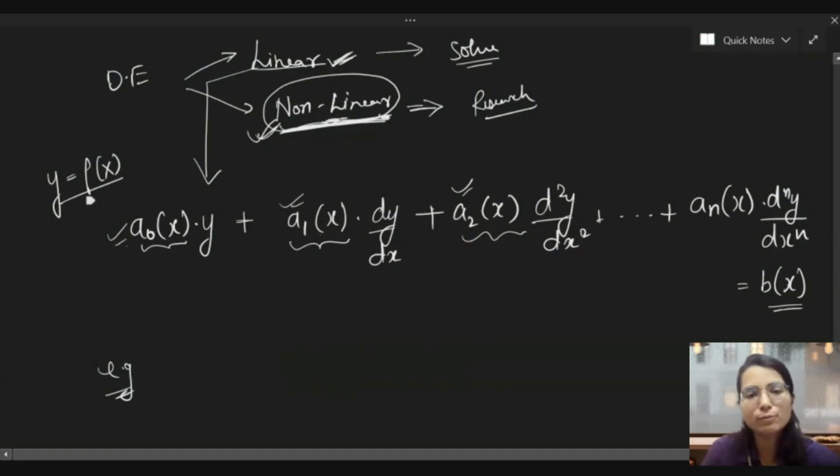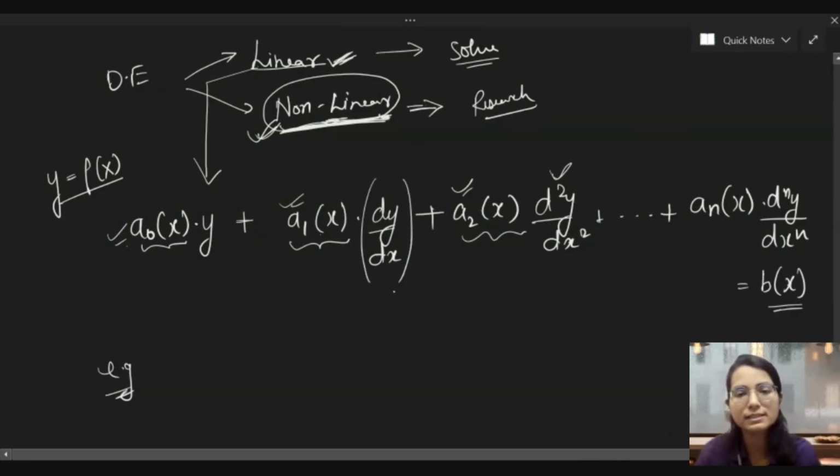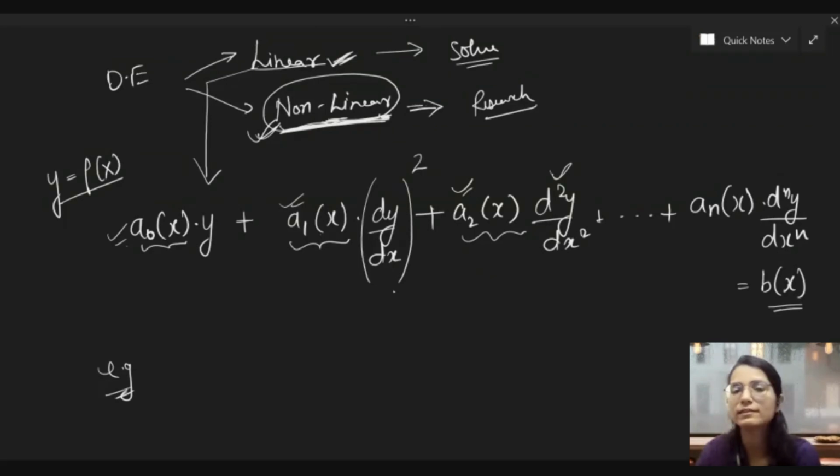The order of the derivatives is increasing. And do we have any power on the derivatives? No. When you raise the derivatives to a power more than 1, for example the power 2, that will not be called a linear differential equation. In that case, it will be a non-linear differential equation.